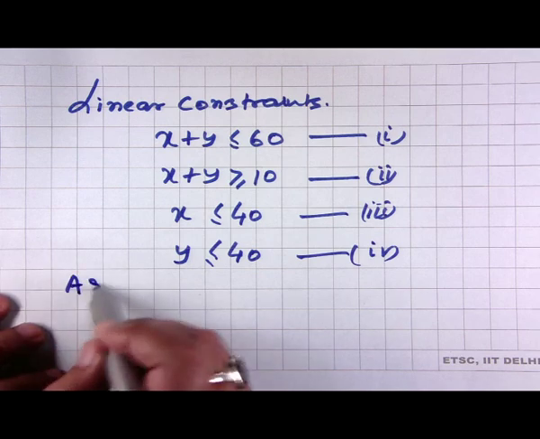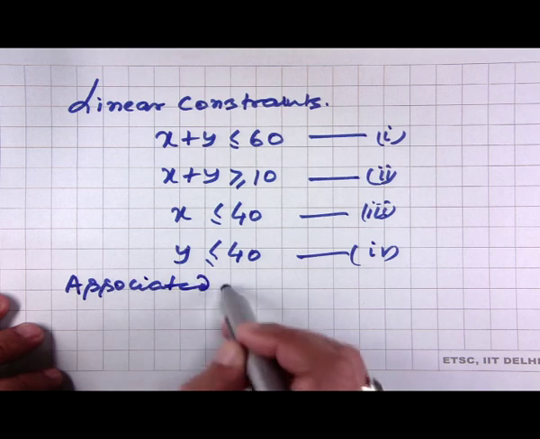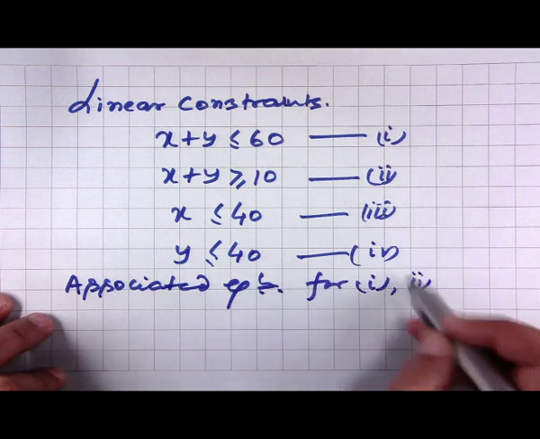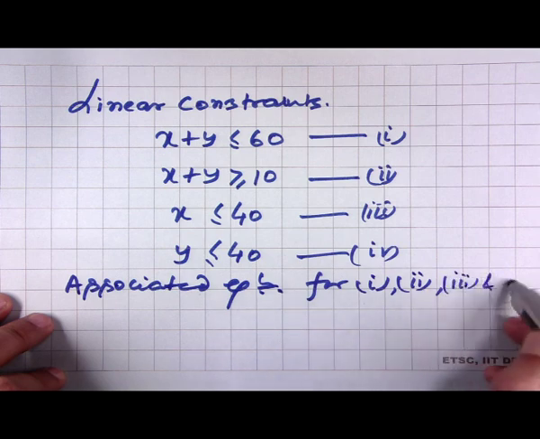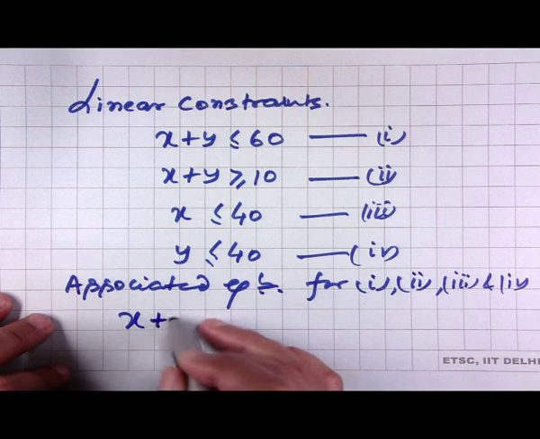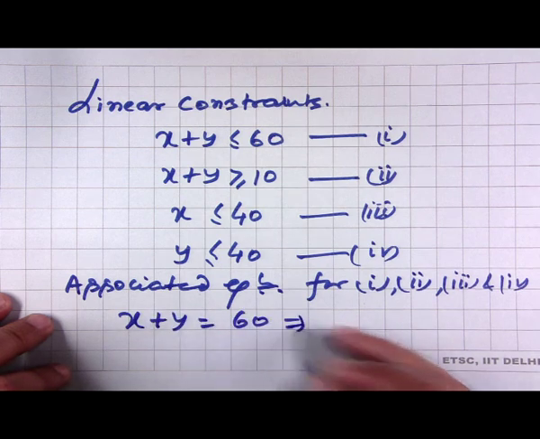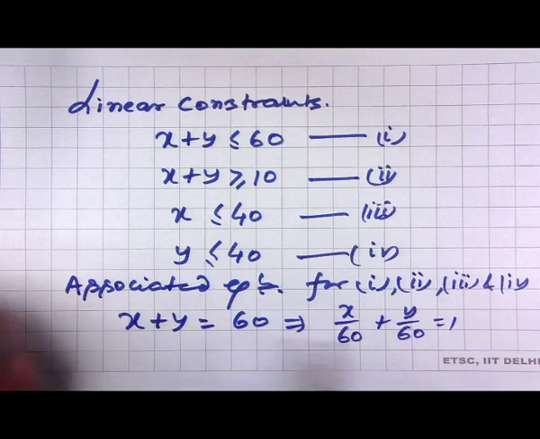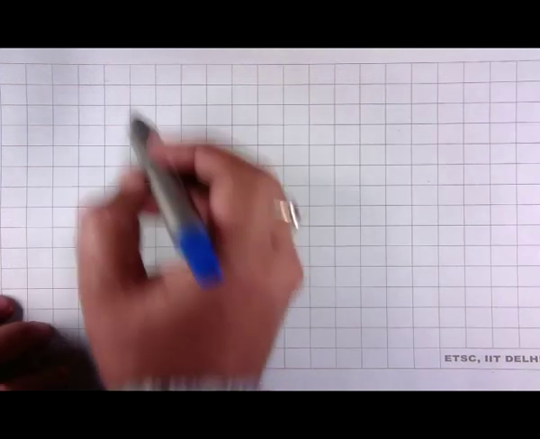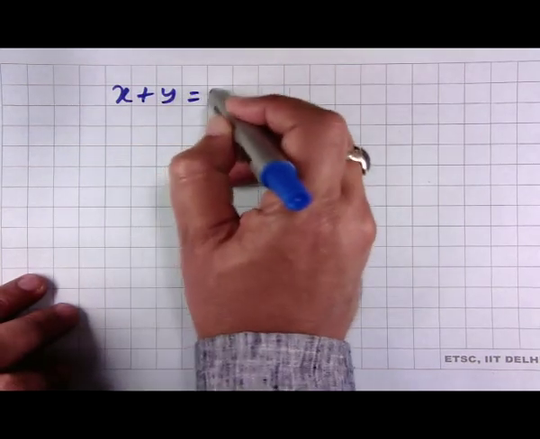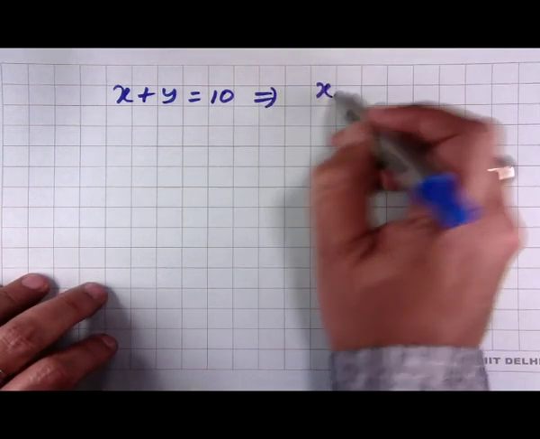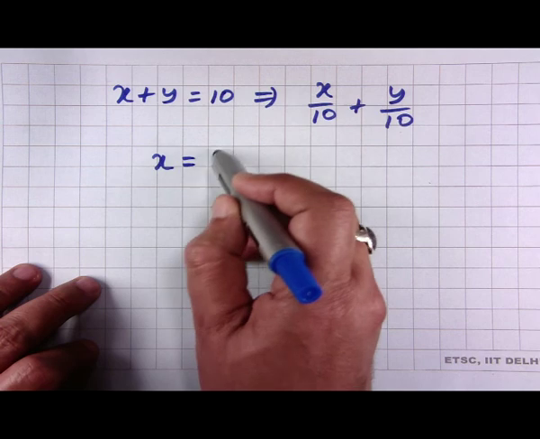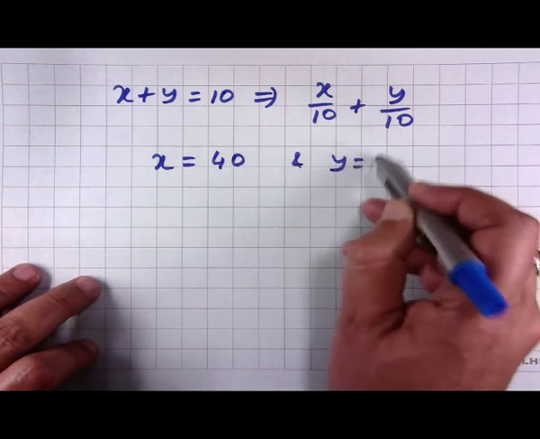So the associated equations for first, second, third and fourth are x plus y equal to 60, this implies x by 60 plus y by 60 equal to 1, x plus y equal to 10, this implies x by 10 plus y by 10 equal to 1, x equal to 40 and y equal to 40.